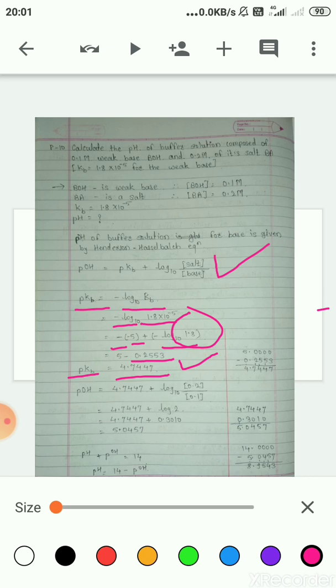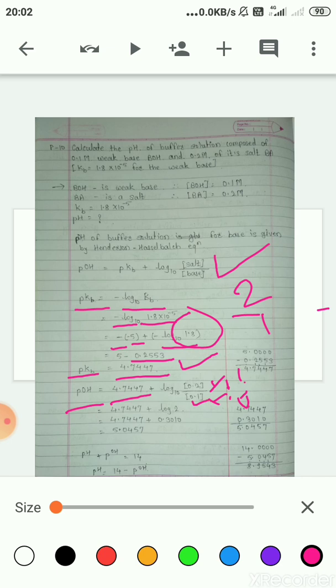Now pOH is equal to, after substitution of value of pKb, 4.7447 plus log to the base 10 of 0.2 divided by 0.1. In the same way you can multiply this by 10, so you will get 2 by 1, or simply you can write there log of 2.